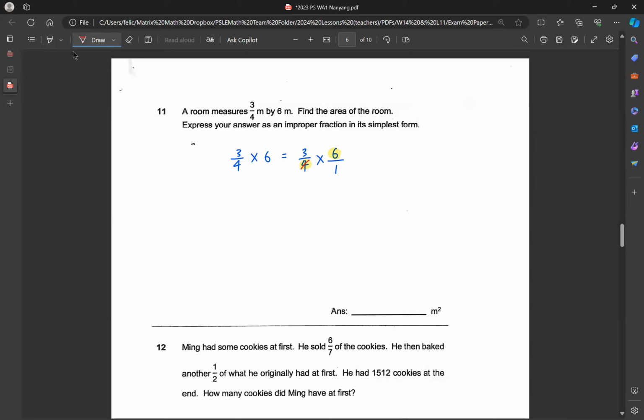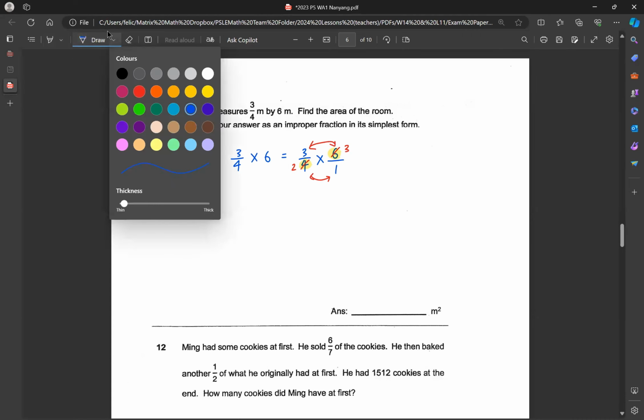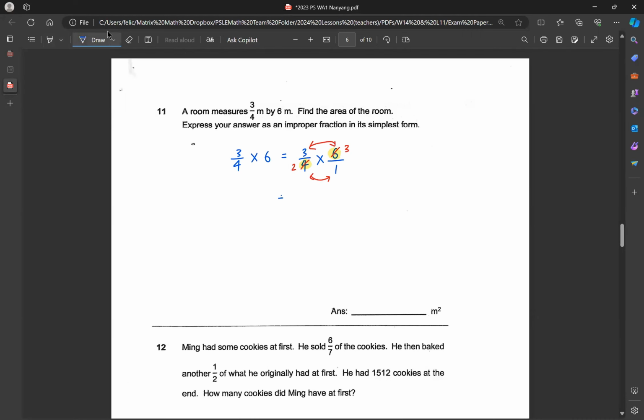So if this divide by 2 becomes 2, 6 divided by 2 becomes 3. Okay, so finally now you can multiply them together like this. Which will be 3 times 3 is 9/2. And since they want it as an improper fraction in simplest form, so there you go. This is my improper fraction in my simplest form.